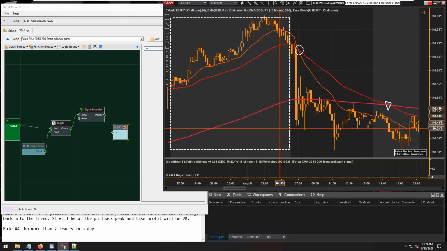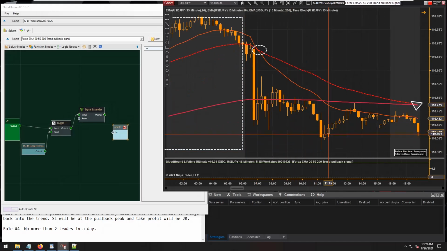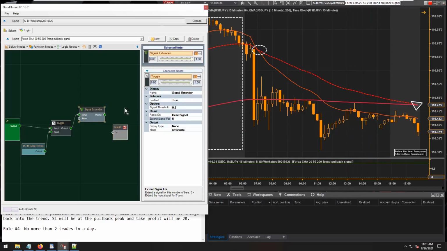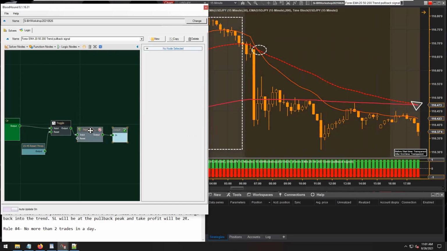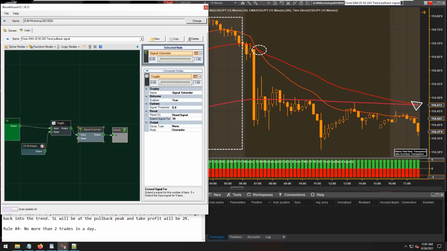Also, I'll adjust my square. All right, so it looks like I need to extend for 39 bars. But we're also going to need to turn the signal extender off as well.